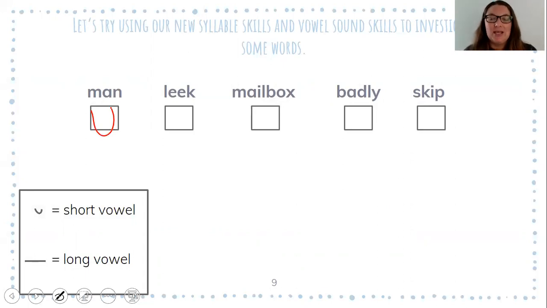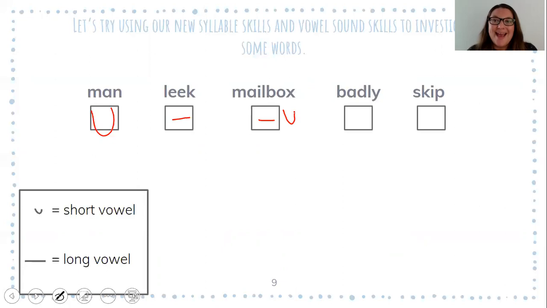What about leak? Leak. Hopefully you got the long vowel sounds, okay? Next is mailbox. Mail. Mail is long, okay? What about box? Box is short, okay? So that one has 2.